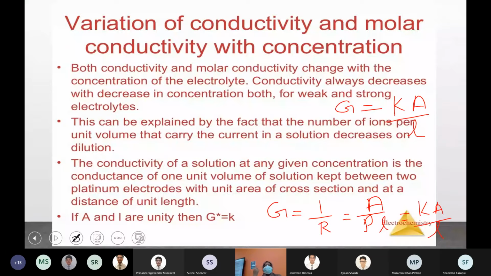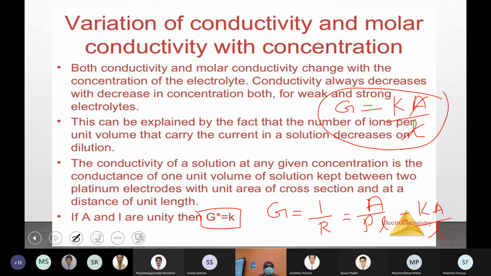If you take unit length and unit area of cross section, this term A and L will go. That is what they written like this. G is equal to K when you are taking the unit length and unit area of cross section. The actual equation is conductance is equal to K into A by L. But when you take unit length and unit area of cross section, then the conductivity is equal to conductance.